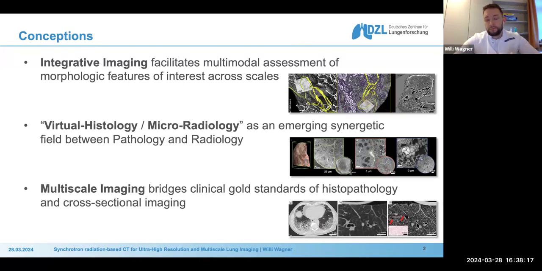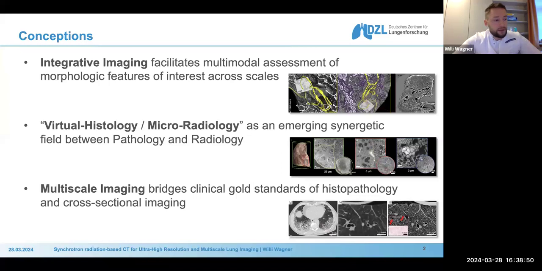But the pathologists, so another discipline, I am a clinical radiologist, are the ones who look into the microscope and look at the tissue, and they are not used to CT images, to grayscale images. So correlating and integrating information from microscopic imaging into the synchrotron scans, that's basically what virtual histology is about.